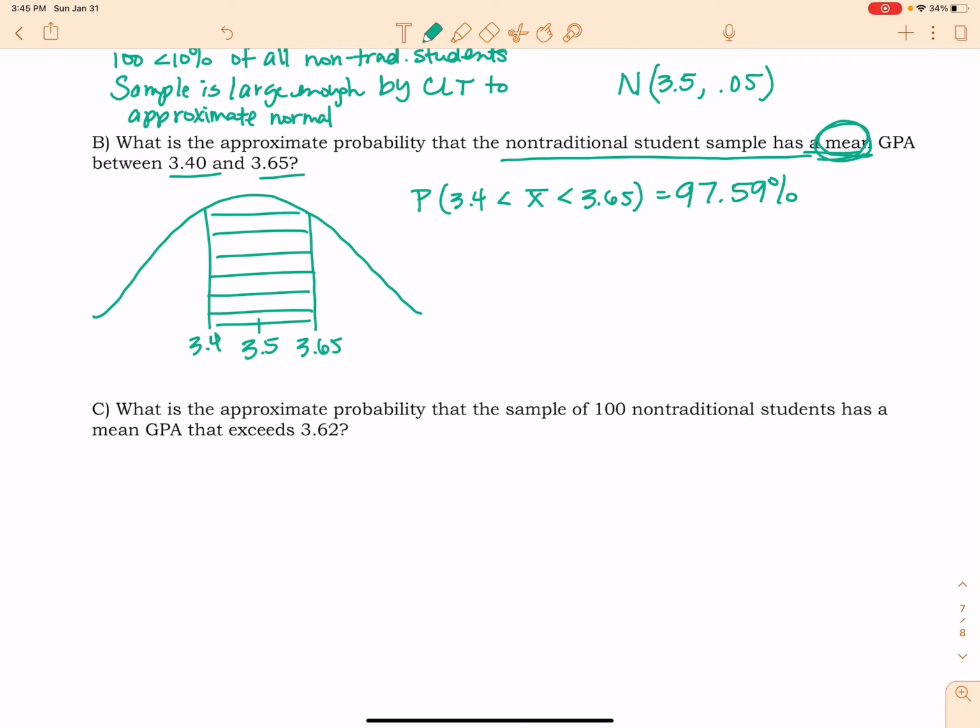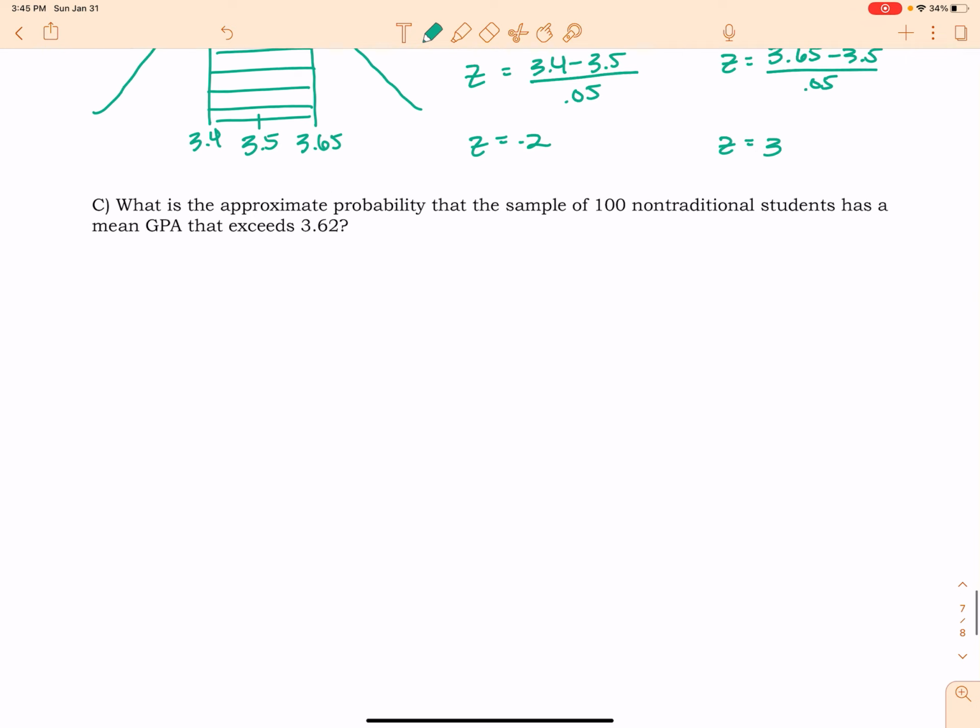Magic. Now keep in mind you could have used the chart. If you did that, you would have had to find two z-scores, and then you would have had to find the area to the left of each of these, and then subtract them. You don't have to find the z-score for this problem unless you use the chart, but there you go.